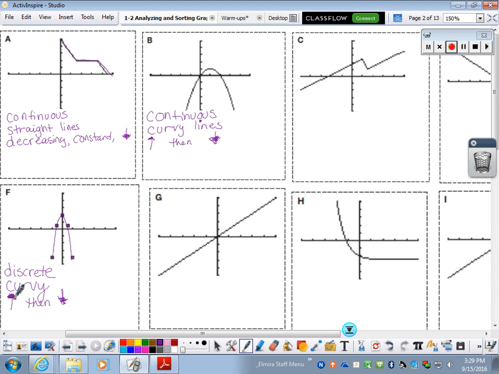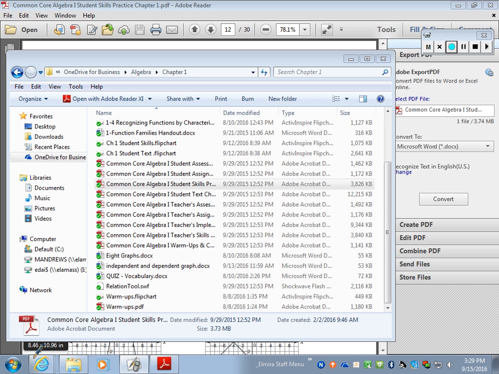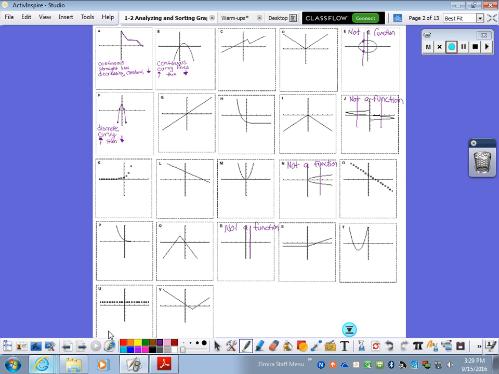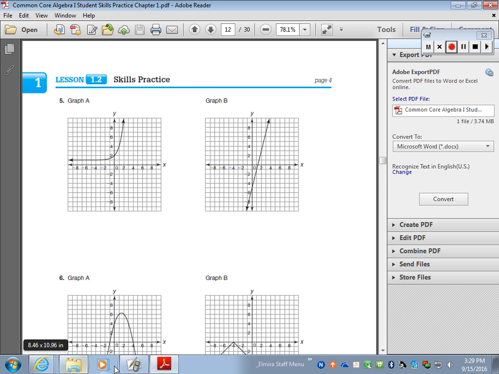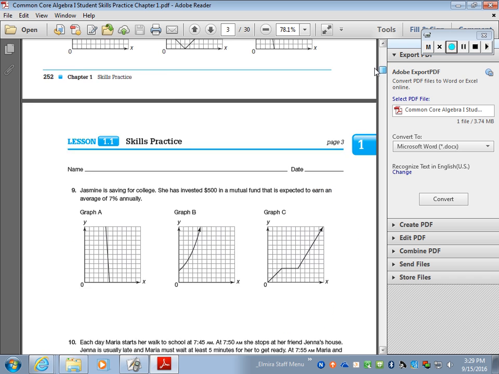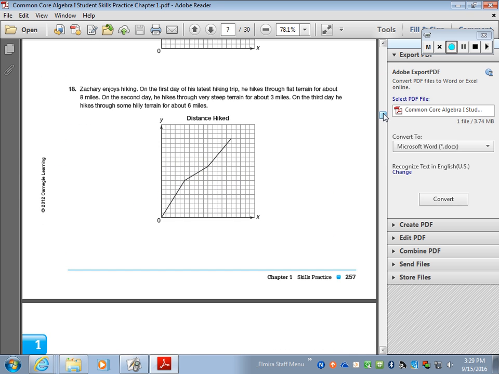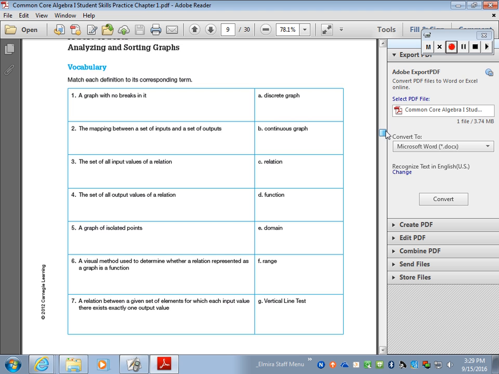If we flip to our homework assignment on this, vocabulary should be done.